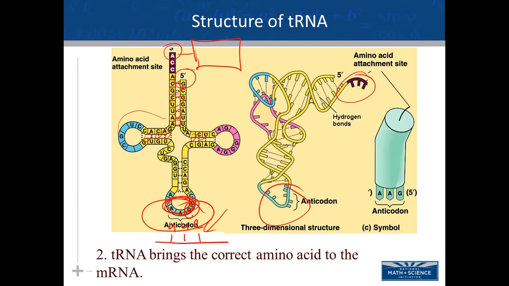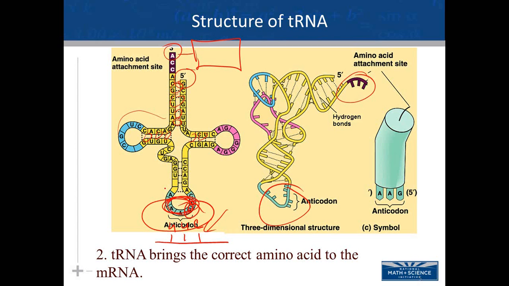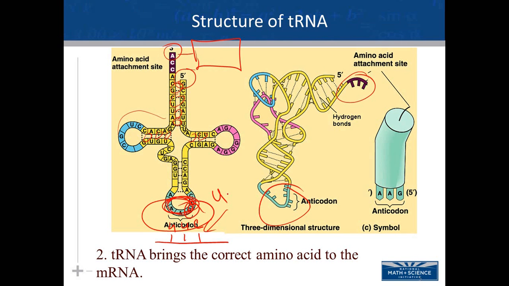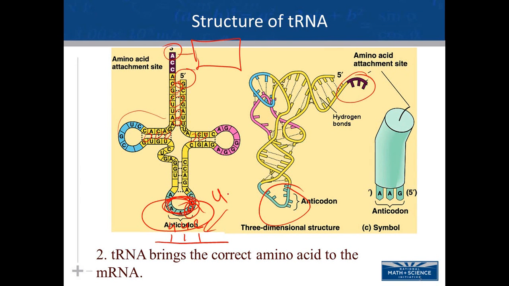So, for example, U on the anticodon here can bind to U, which is normal. However, the other odd thing is that it could also bind to G. And some transfer RNAs include a modified form of adenine, called inosine, and it turns out that inosine can bind with U, C, or A on the codon.